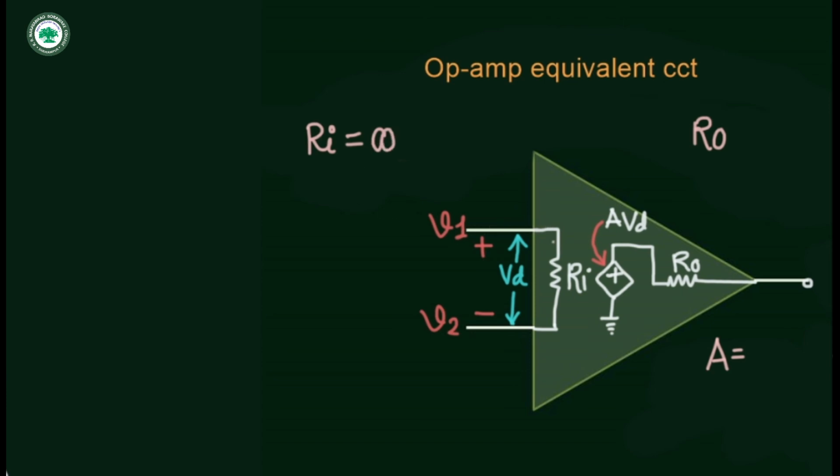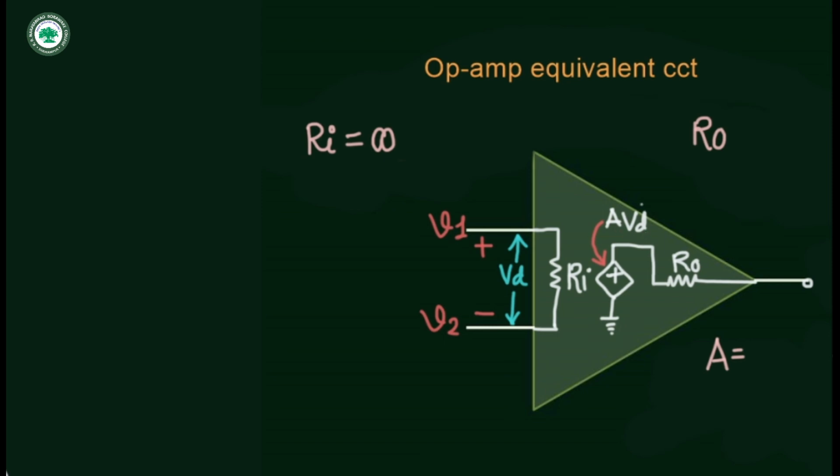And this is the actual equivalent circuit of the operational amplifier, in which Ri will be in series with V1 and V2, and Ro will be in series with the multiplicand factor A into Vd.